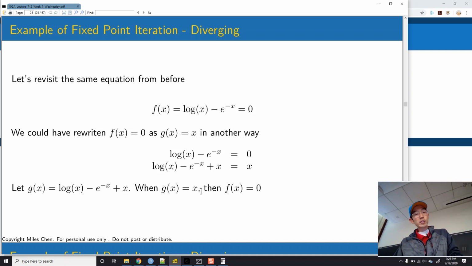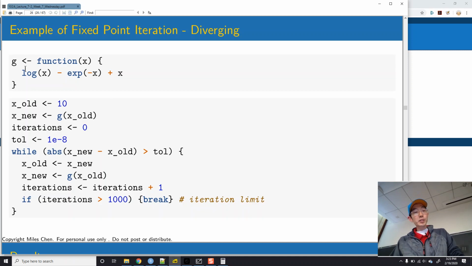So even though this statement is true, when g of x is equal to x, f of x equals 0, our fixed point iteration algorithm will not work because this does not have an attractive fixed point, okay? So if I write g as this, and I run the same algorithm as before, it's not going to converge, okay?